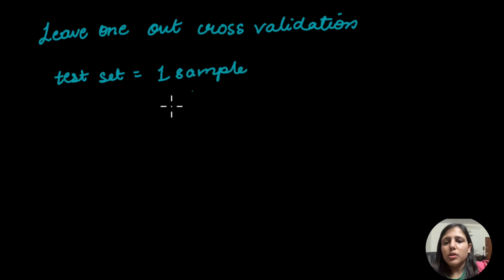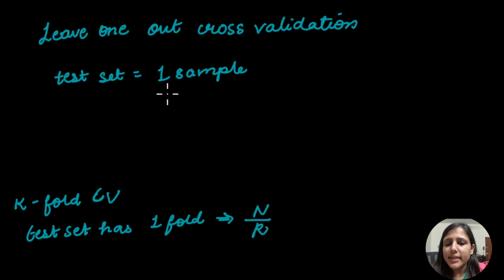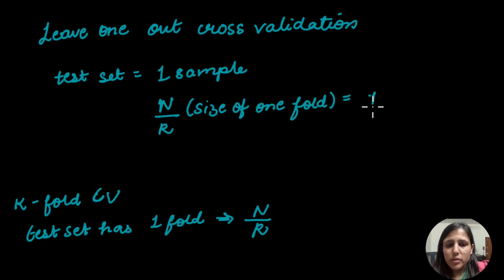Now let's go to the k-fold cross validation setup. The test set has one fold, which means one fold is n by k in size, right? So here the test set is one sample. So we are saying n by k, which is the size of one fold, is equal to 1, right?